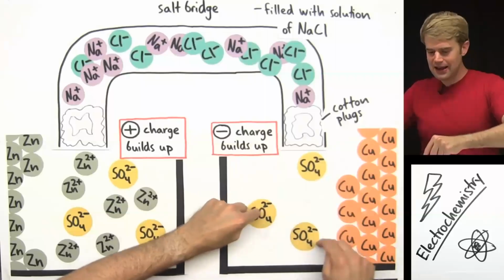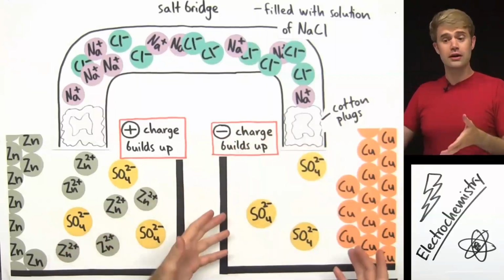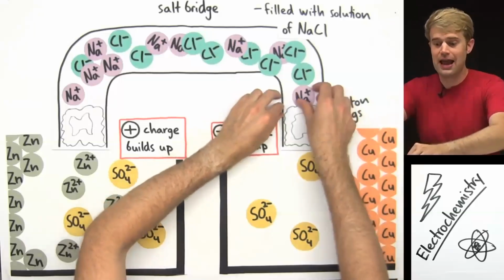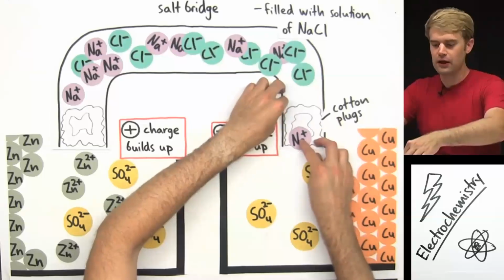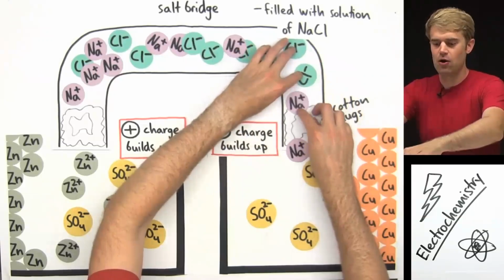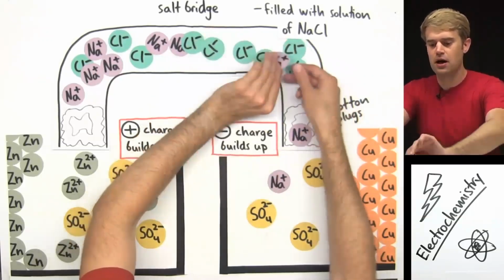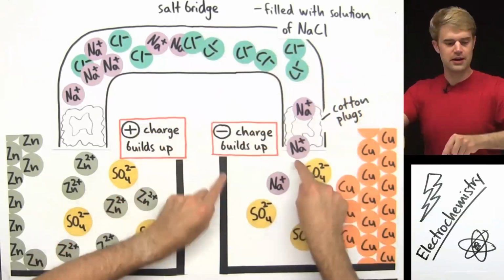We said that negative charge is going to start building up in the half cell over here. And so the positively charged Na plus is going to begin moving over into this half cell to help balance out the charge. So the Na plus ions are going to begin moving in this direction to balance out the negative charge.